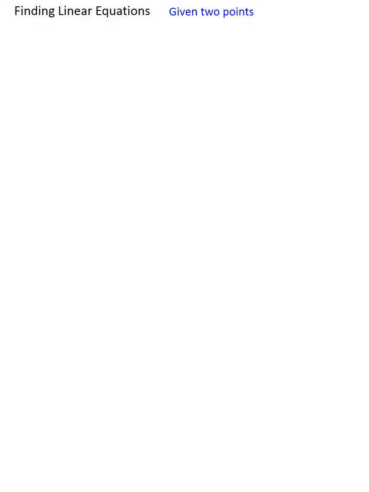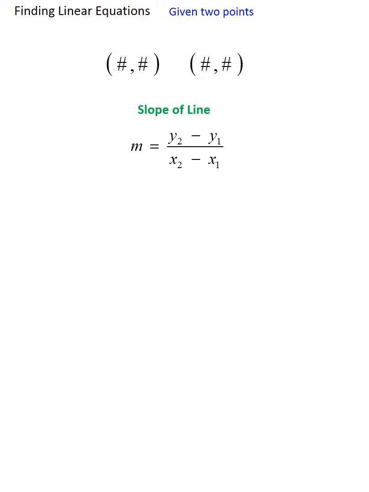So, let's summarize. You're given 2 points. The first thing you should do is find the slope using this equation and all 4 of those numbers. Once you have a number for your slope, take the general equation of a line, plug whatever you got in for slope here, and plug in your first x and your first y here, and you will then have the equation of the line.